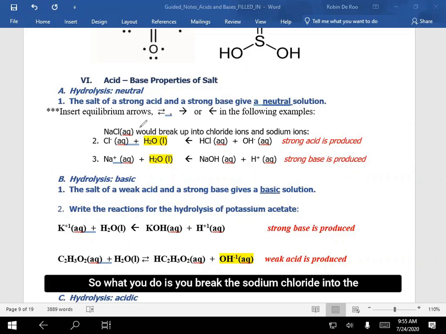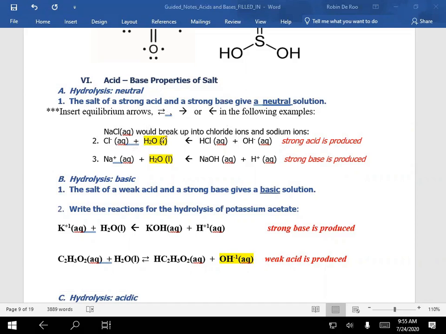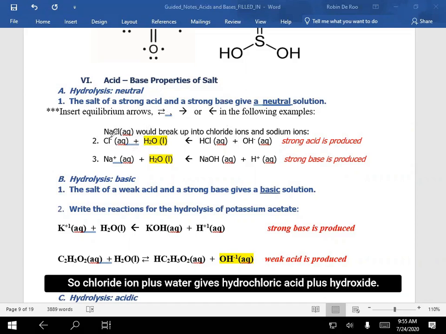So what you do is you break the sodium chloride into the ions. That would be chloride ions and sodium ions. You take each ion and react it with water. So chloride ion plus water gives hydrochloric acid plus hydroxide.